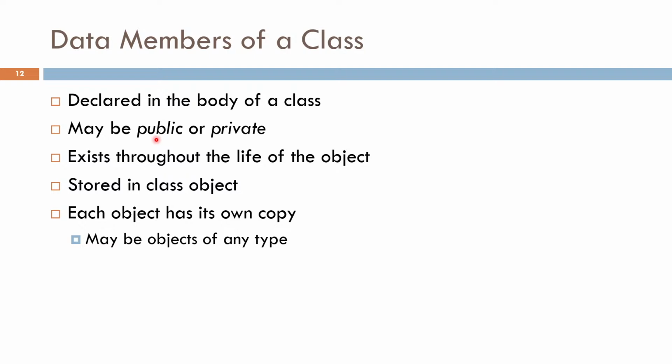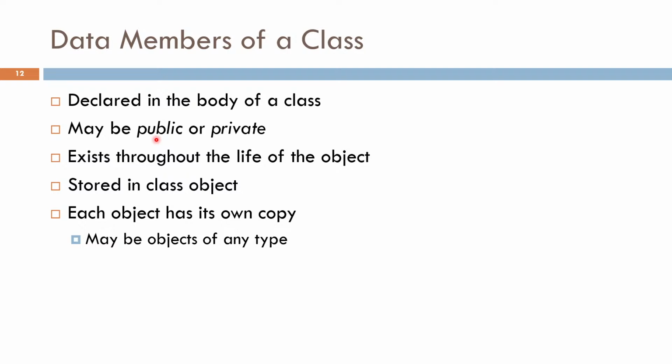Now, it is possible to have multiple objects with different variable names of the same class type, just like how you can have multiple integers, multiple doubles, multiple floats, and so forth. Each object is going to have its own copy of the data members and the member functions within that class, so that they don't coincide with one another.